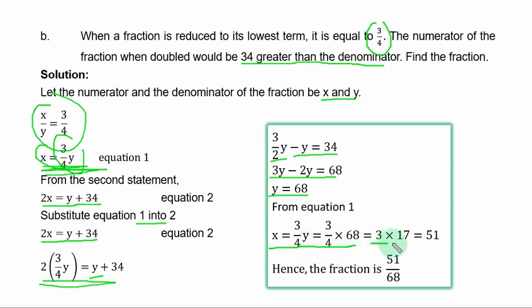You have 3 times 17 equal to 51. Hence, the fraction is 51 over 68. You see that if you reduce this fraction to its lowest form, you have 3 over 4, if you use 17 to divide through.